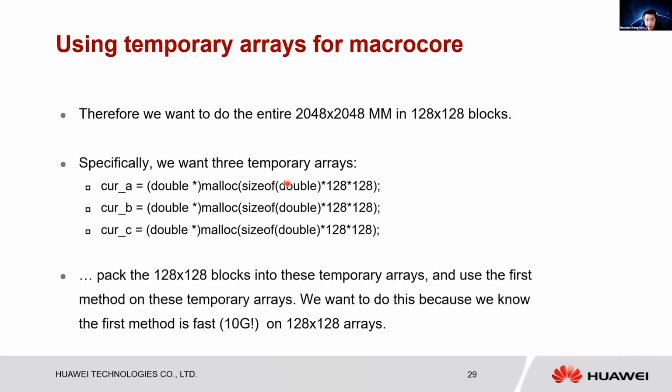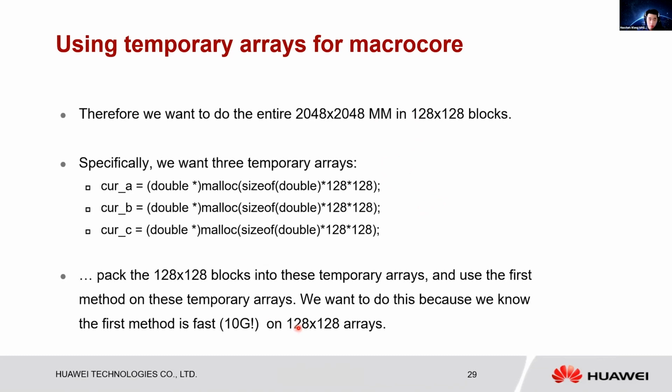So to counter this, we of course want to do the entire matrix multiplication in 128 by 128 blocks, but specifically we want 3 temporary arrays that are themselves only 128 by 128 sized, because then in these arrays, we don't have cache problems. And then after we pack the 128 by 128 blocks into these temporary arrays, we simply use the first version, which got 10 gigaflops, on these arrays.